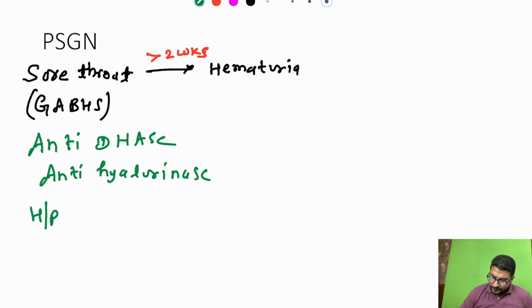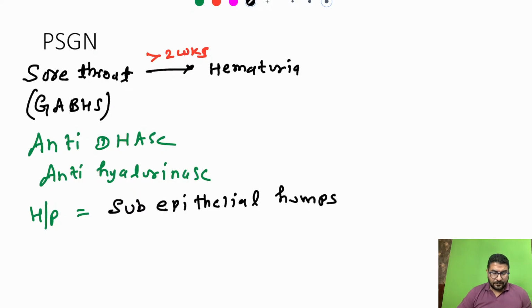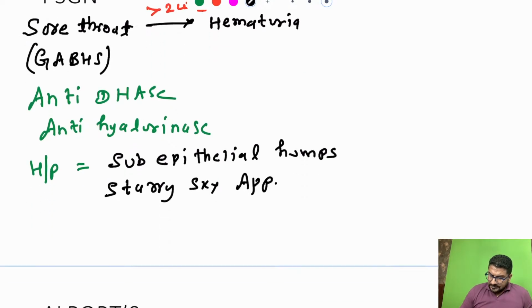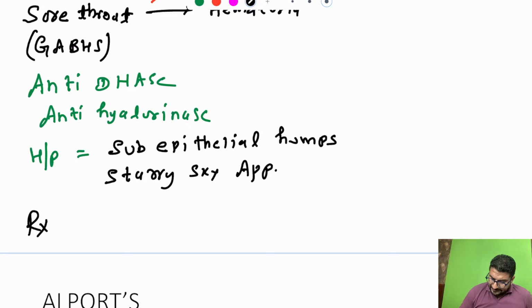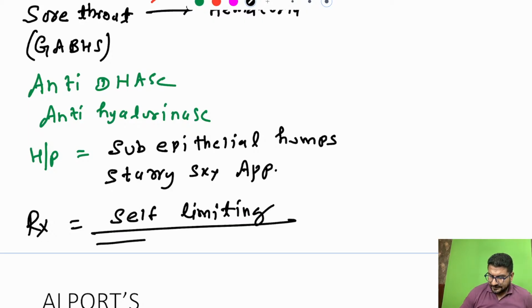If you do biopsy in histopath, you will find subepithelial humps, and this pattern is what we call lumpy bumpy pattern. Sometimes you will also get starry sky appearance. Treatment की अगर बात करूँ, it is self-limiting. Self-limiting means you don't have to give any particular drug. ये अपने आप ठीक हो जाती है.